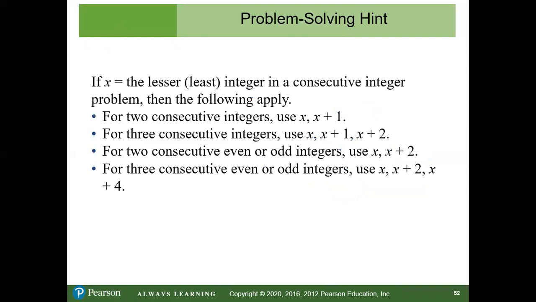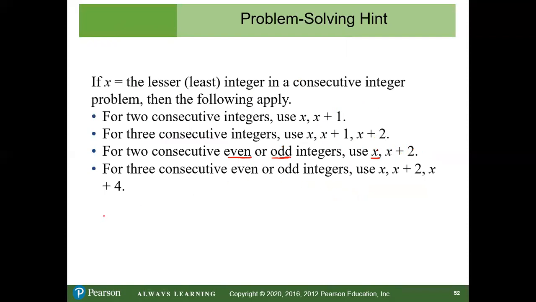These are pretty cool, these consecutive integer problems, or consecutive even or odd integers. One of the most common errors is when students do this one. Whether it's even or odd, you're always going to start with x and then add 2 to get the next value.